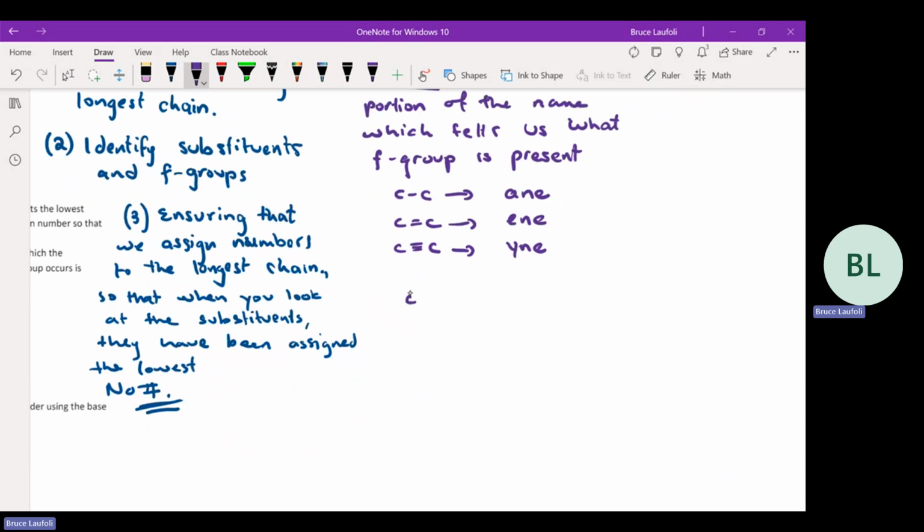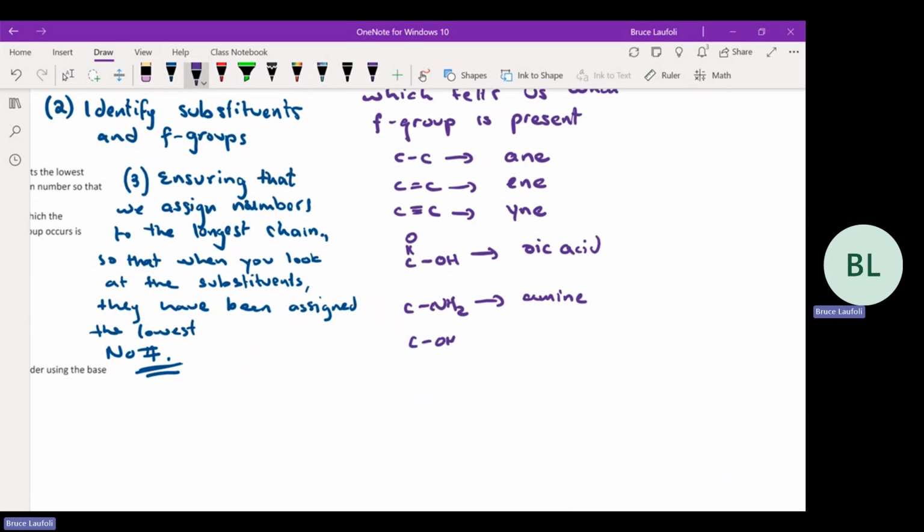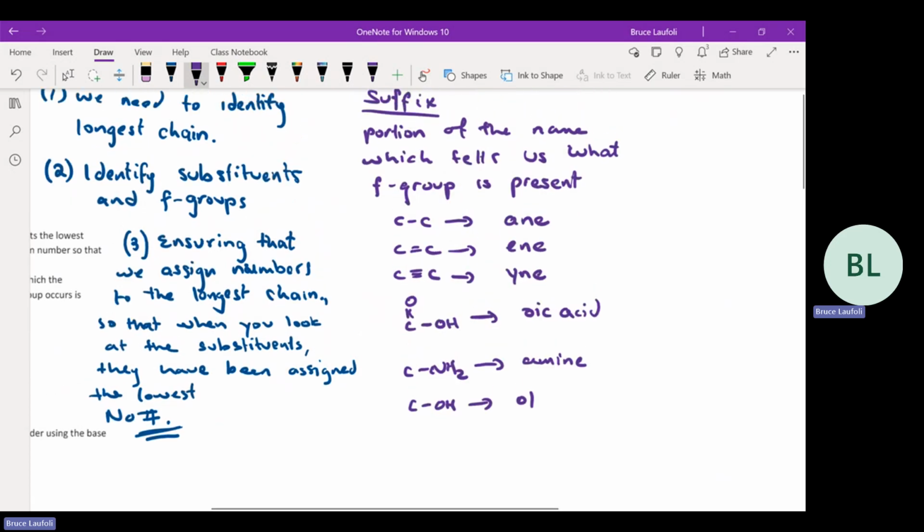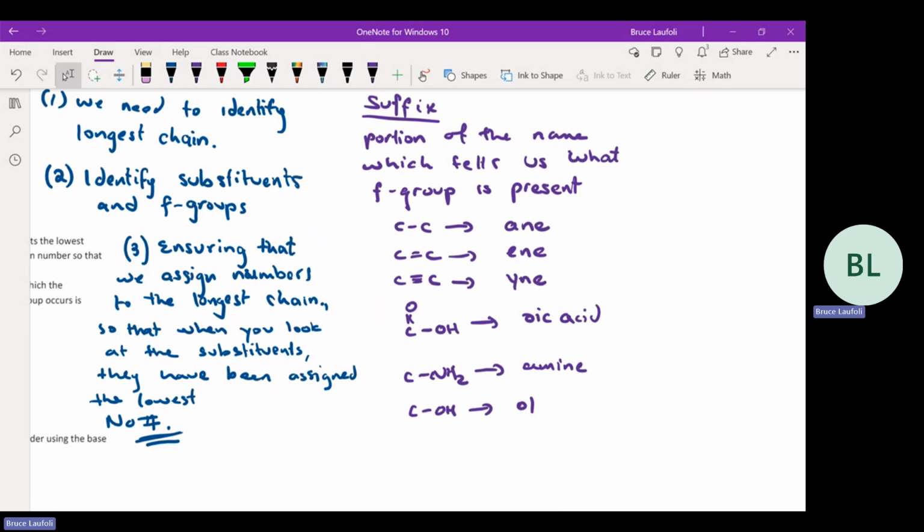If you see carboxylic acids, the name should have a suffix, or at the end of the name it should have something that's close to oic acid. Amines are a bit interesting. If you're going to use it as a suffix, then it's usually amine. And then alcohols, that's ol. Understanding this is really important because it allows us to complete the name.